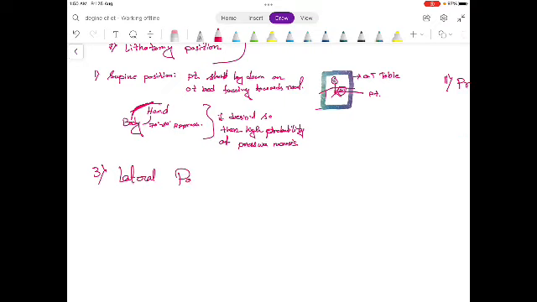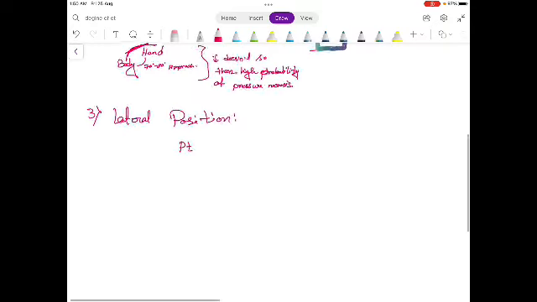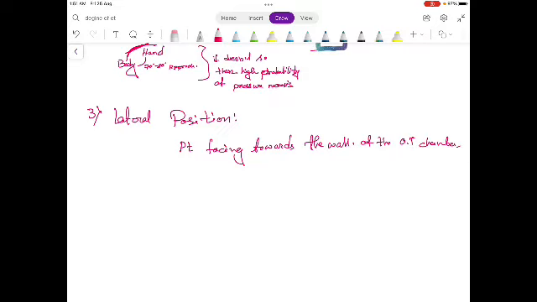Okay. So coming to the third position, that is the lateral position, right? Now the patient is facing towards the wall of the OT chamber.